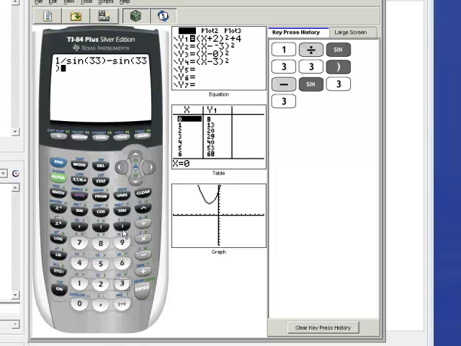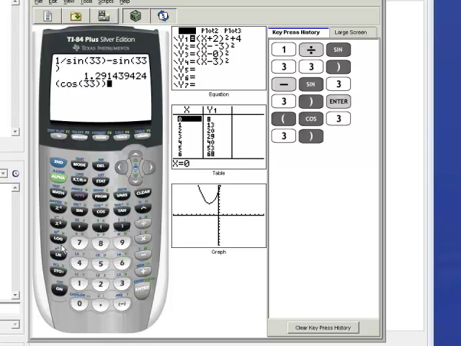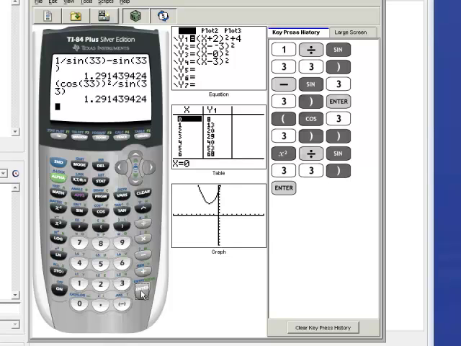That's the left-hand side of the trig identity that we're supposed to show. The right-hand side is cosine 33 squared divided by sine 33, and that comes to 1.29 exactly.